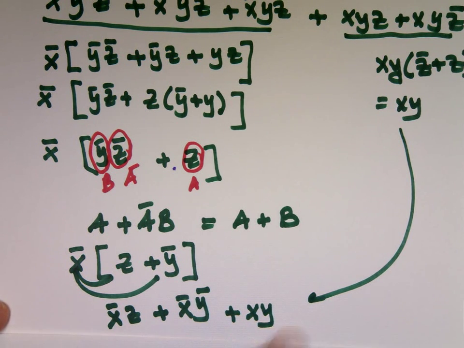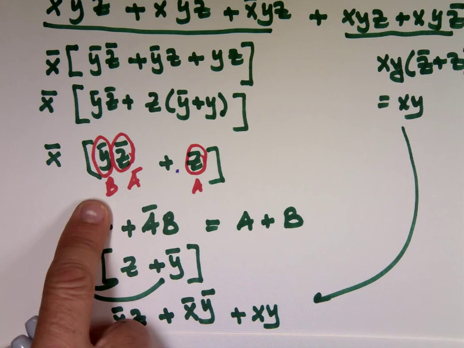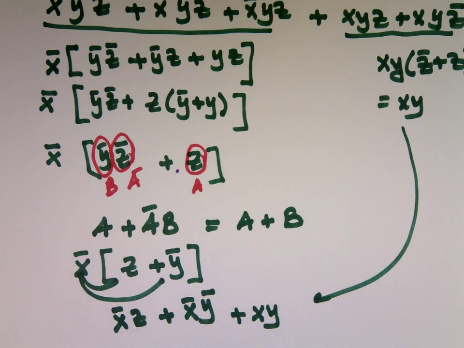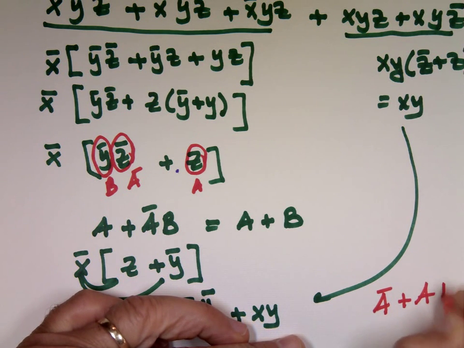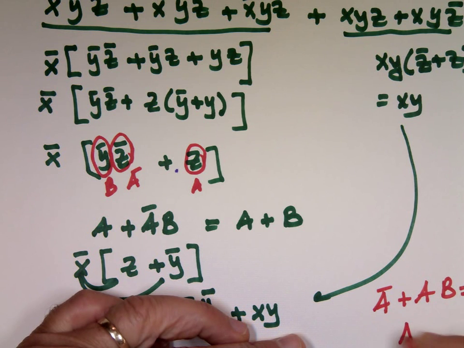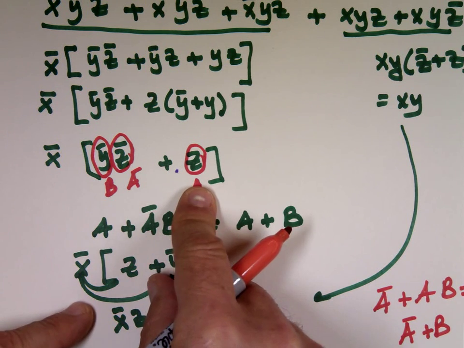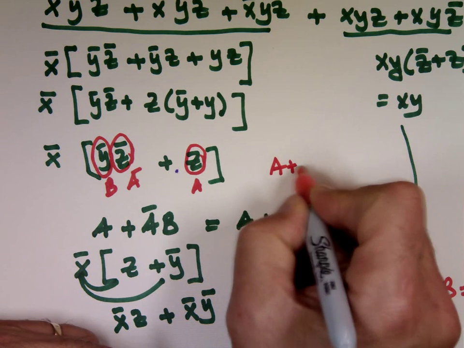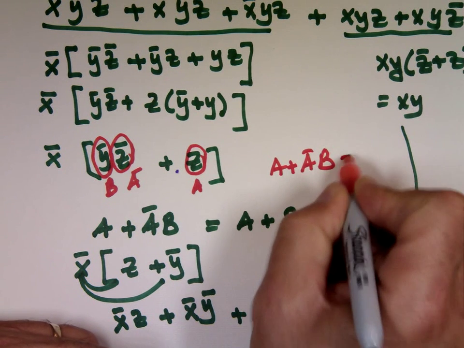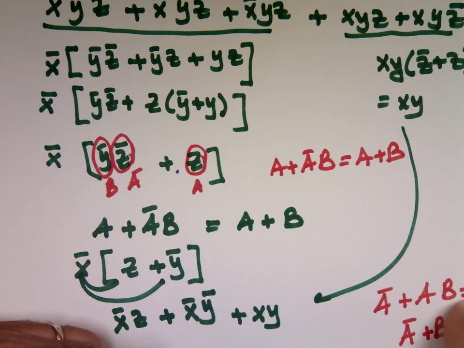But that's one of the rules, actually, A plus A bar B. And the same thing if you have A bar plus AB. That can be written as A bar plus B. So A plus A bar B is equal to A plus B, or A bar plus AB is equal to A bar plus B. Yeah.